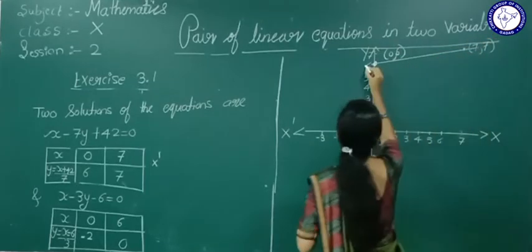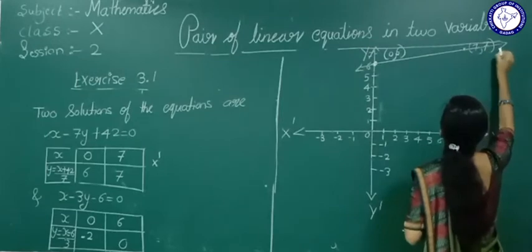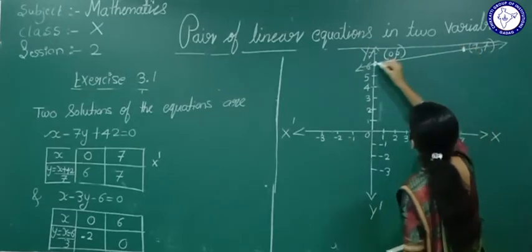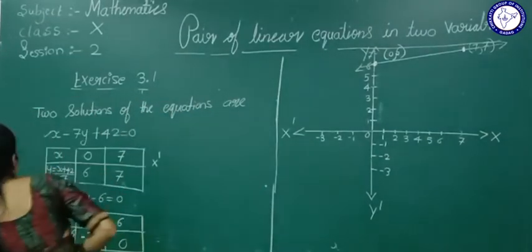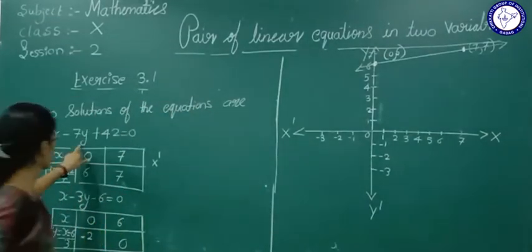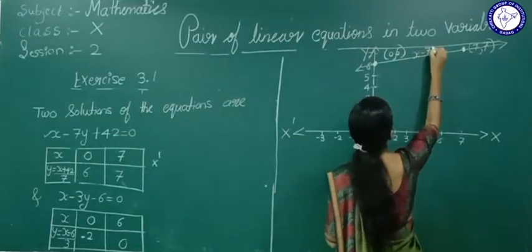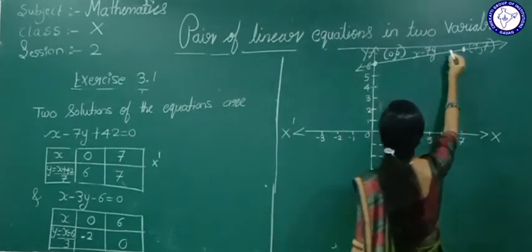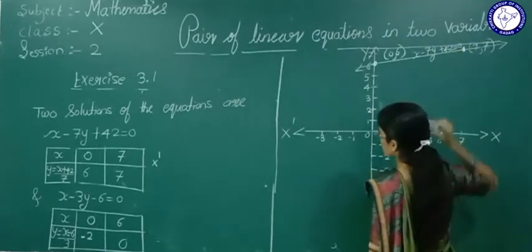This is the graphical representation of equation number 1, that is x minus 7y plus 42 is equal to 0.